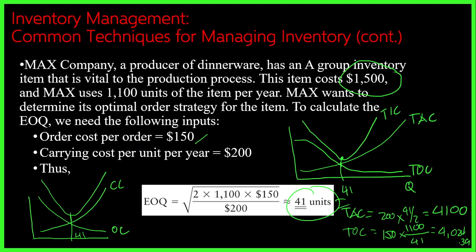Okay, so bakit hindi daw siya nagkapareho? It has something to do with the computation of 41. Because you have 2 times 1,100, times 150, we divide that by 200 equals 1,650.